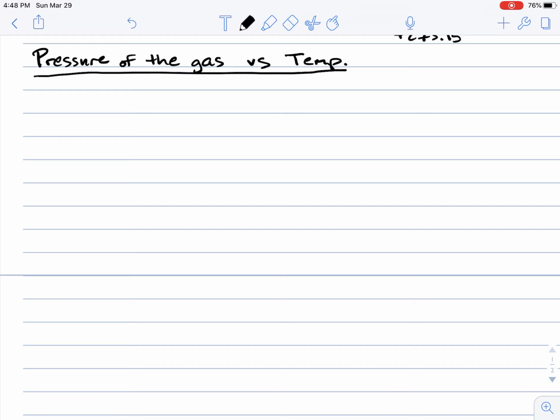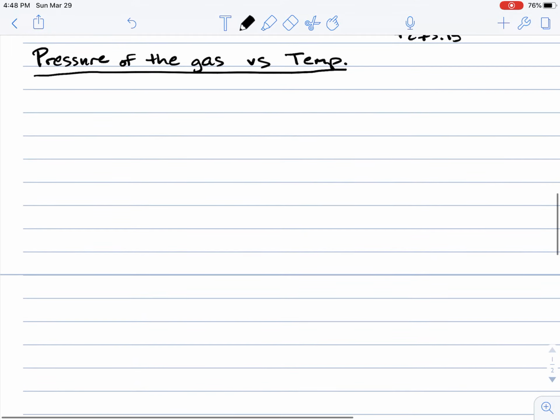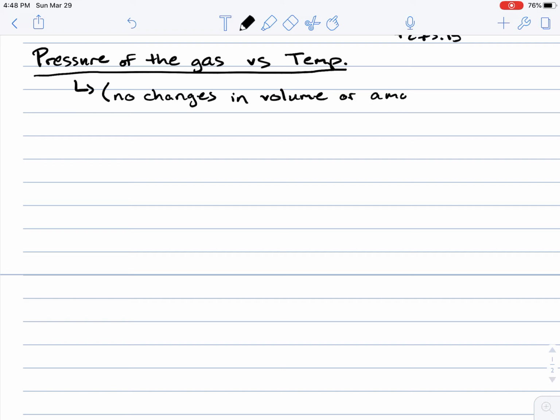Okay. So let's go ahead and think about this conceptually. Before we do that, we have to understand that there are no changes in volume or amount of gases.